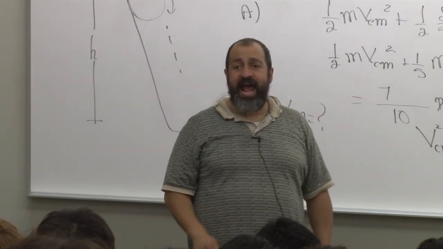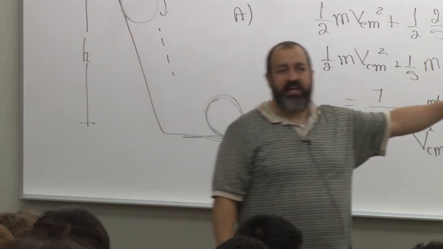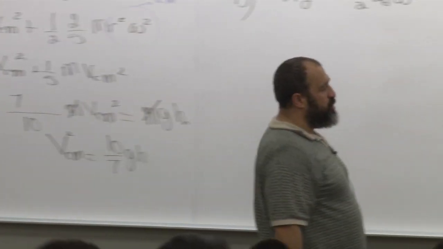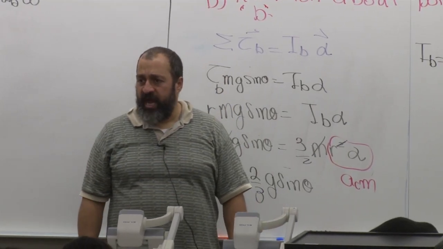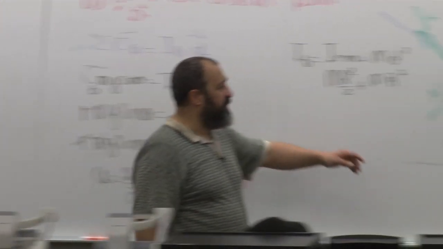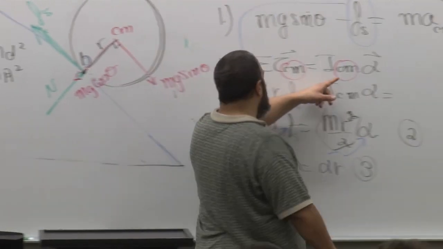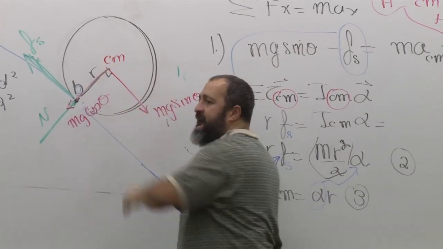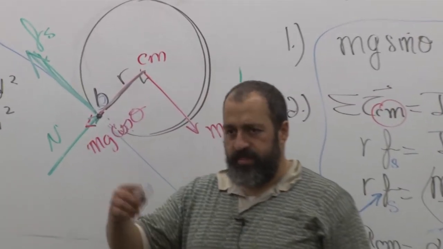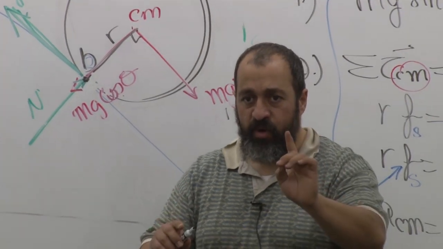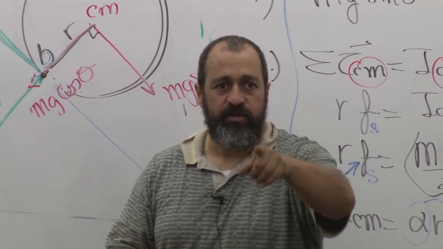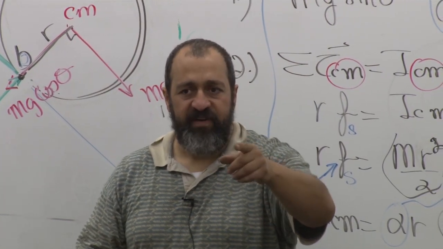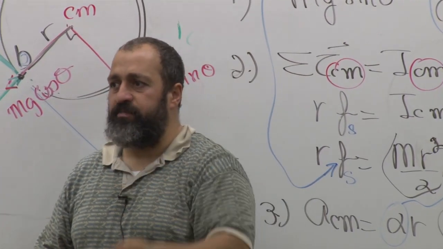There's a question you guys did not ask. Please pay attention. You did not ask why it is okay to say that we have alpha in rotating about the center of mass in one view of rolling motion as a combination of translation and rotation. We considered alpha to be the angular acceleration about the center of mass.